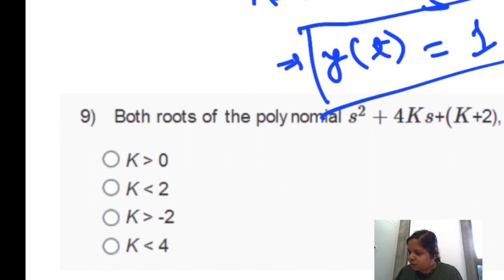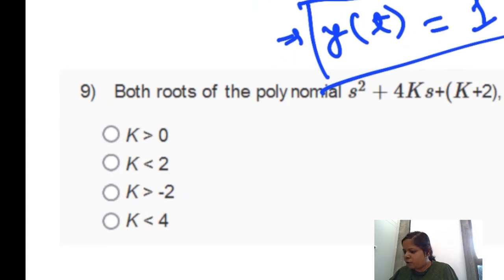Okay, please solve this question. This is a simple quadratic equation question. Both the roots should have negative real part for k.